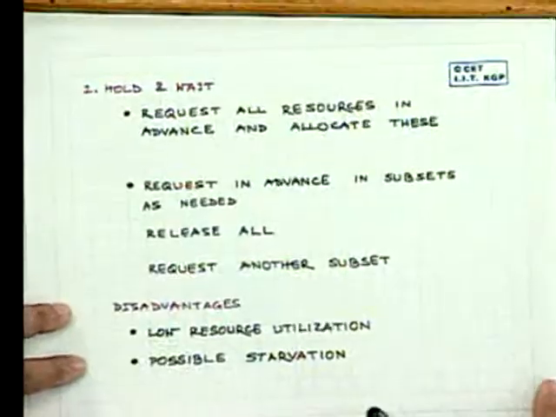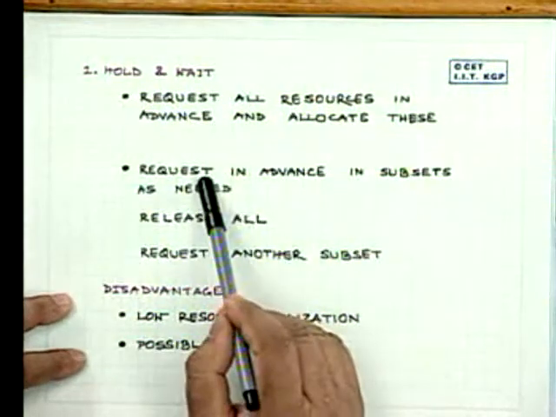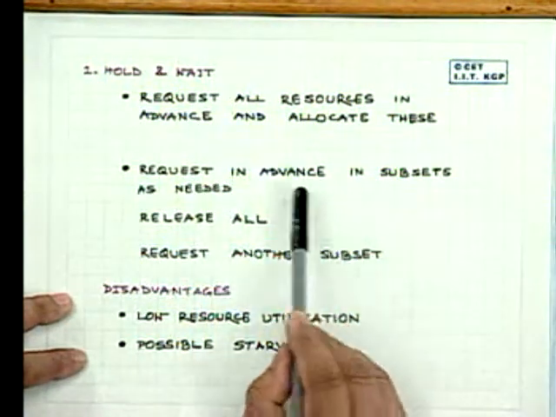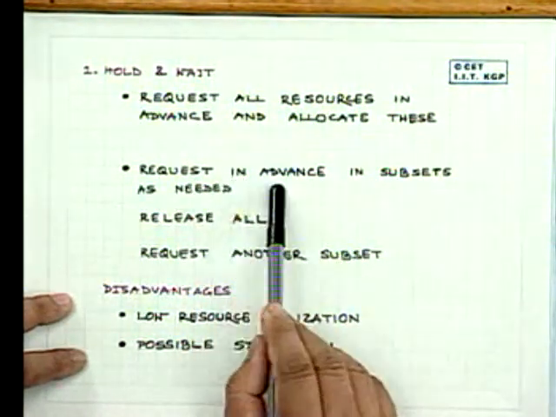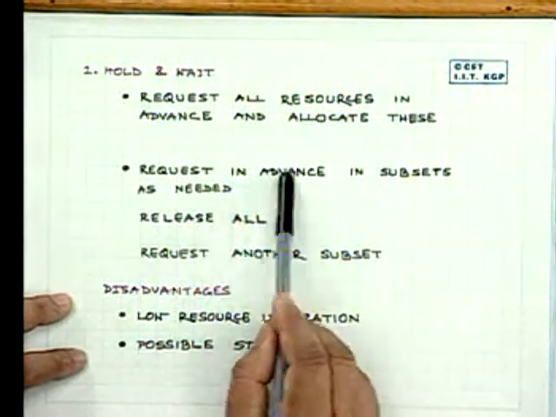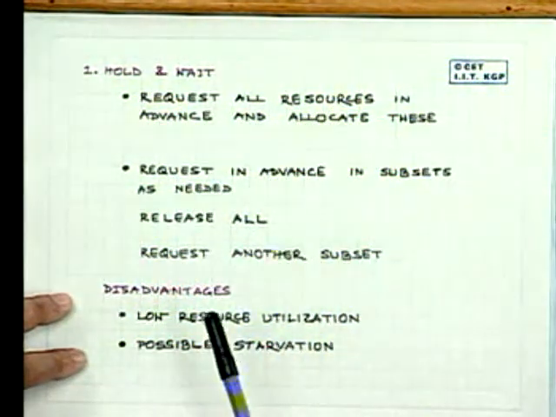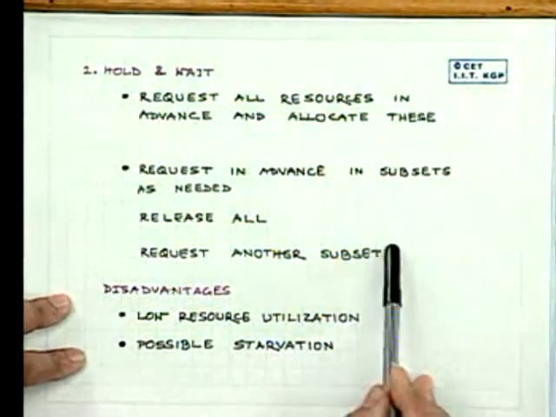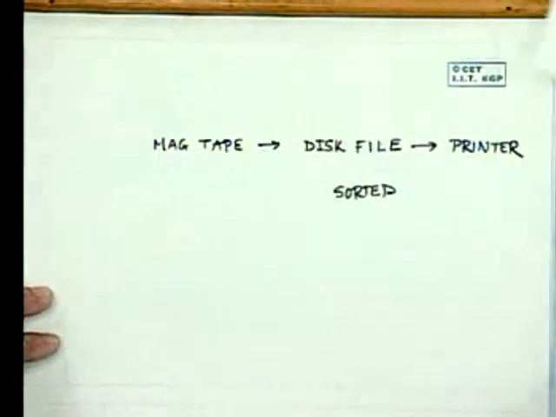Another way is that instead of requesting all the resources up front, the process requests in advance in subsets as needed, then releases all of them, and then requests another subset. Let me exemplify it once more by this example.